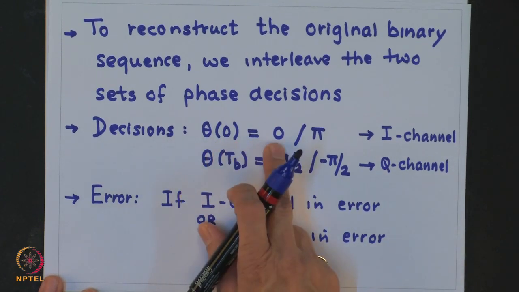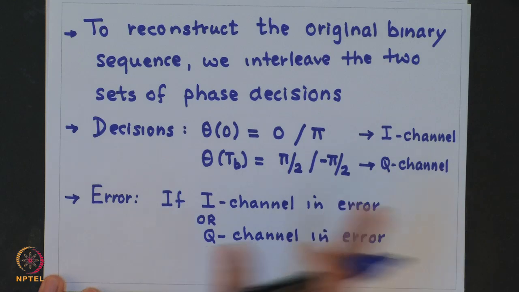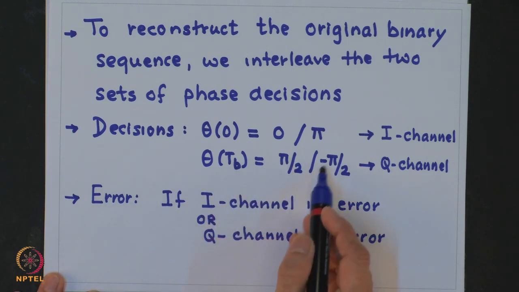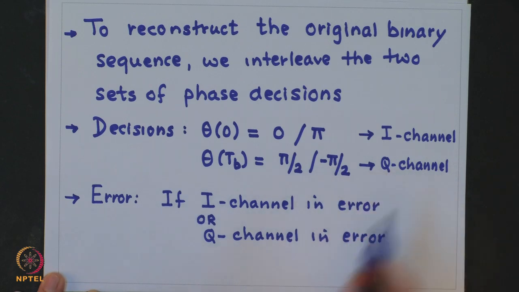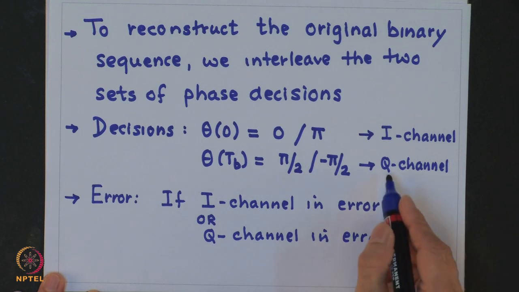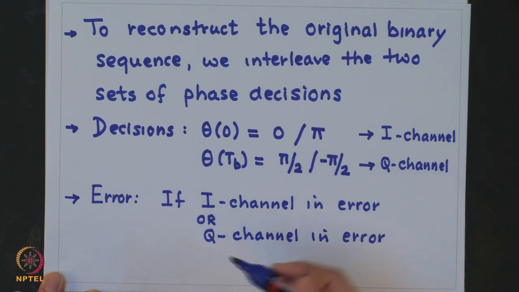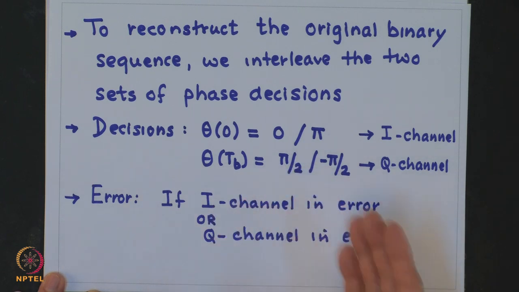So, theta 0 will be 0 or pi, that will be the I channel, decided by the orthonormal basis signal phi 1(t), and theta Tb is either pi by 2 or minus pi by 2, this is the Q channel, decided by the orthonormal basis signal phi 2(t). Now, the input bit stream is independent, correct.